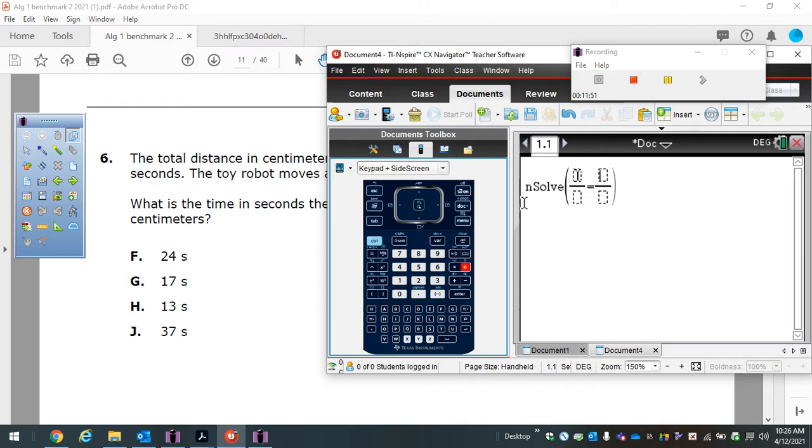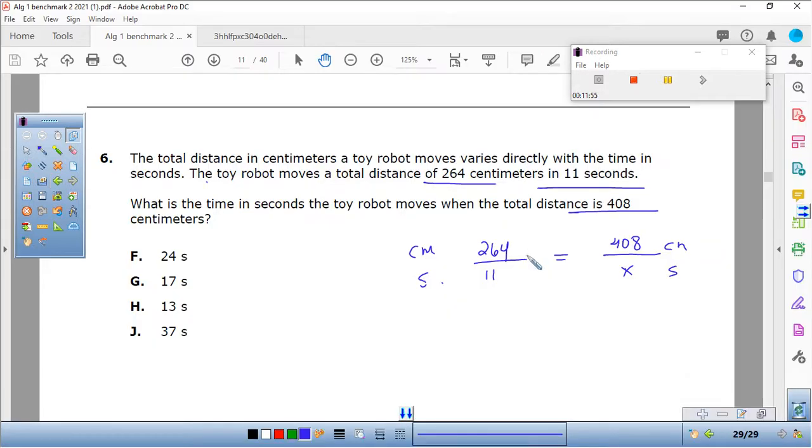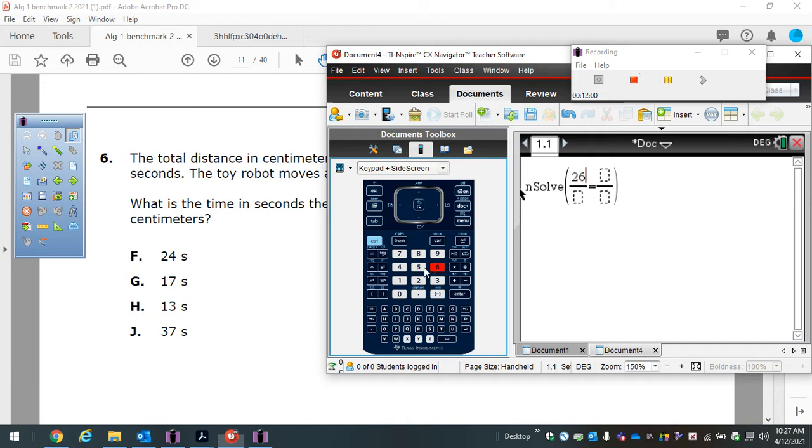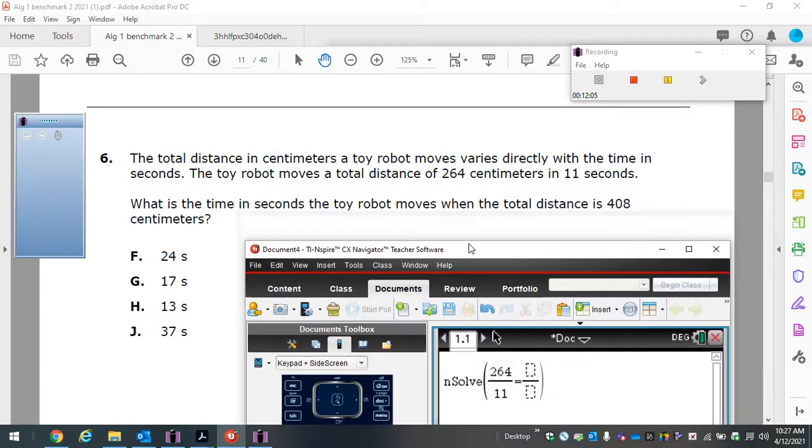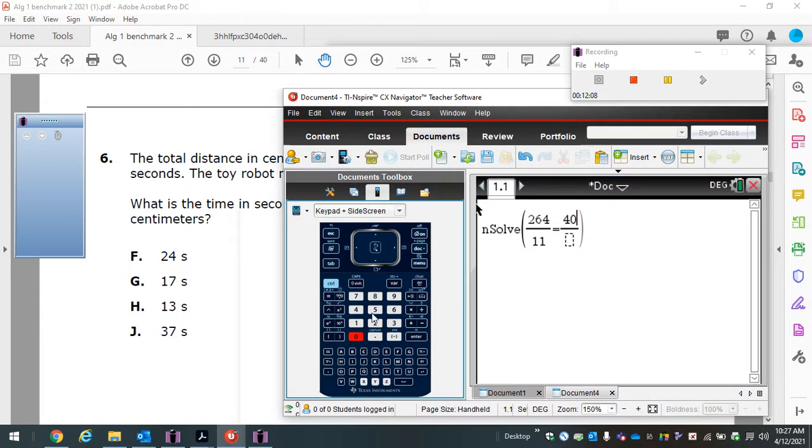What numbers did I put? 264 over 11. This one over here is 408 over x. And 17.